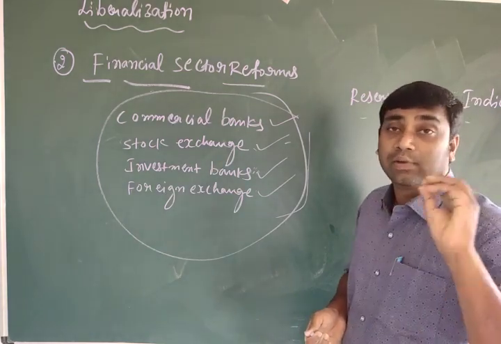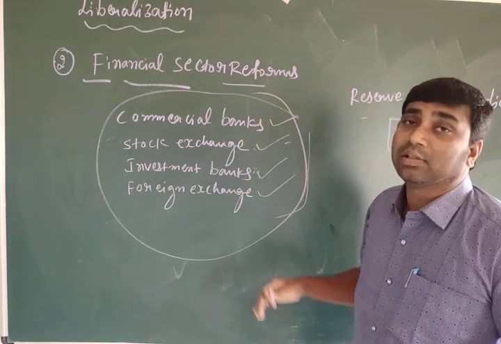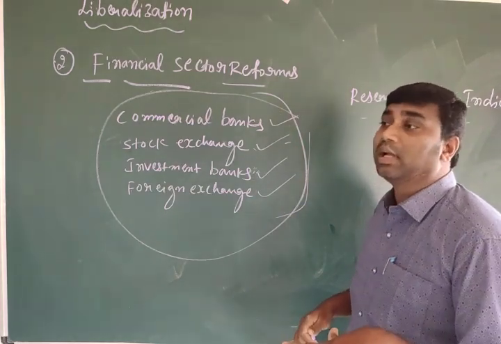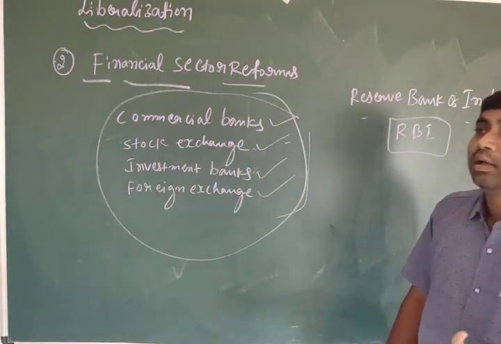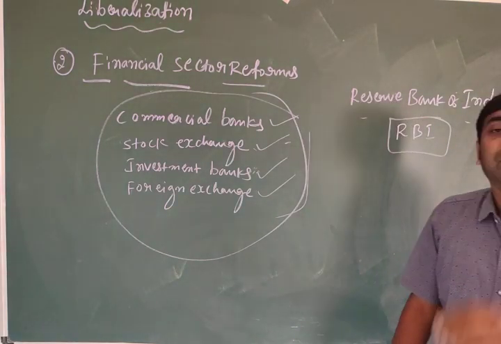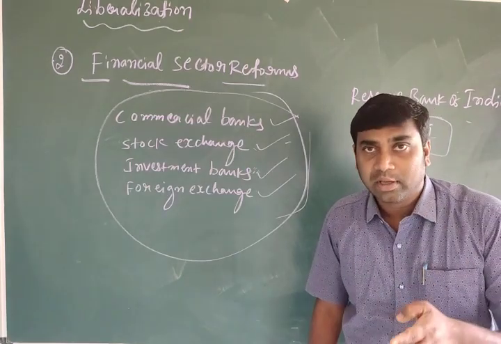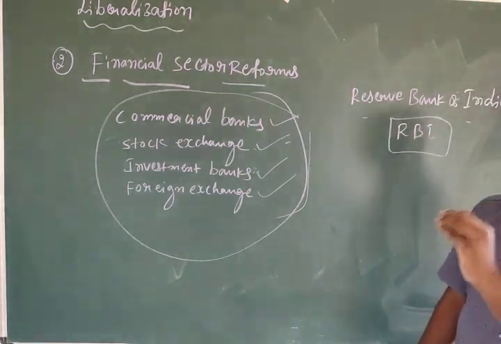So finally, through liberalization, what was the main aim? To reduce the role of government, especially the role of RBI, in financial activities.